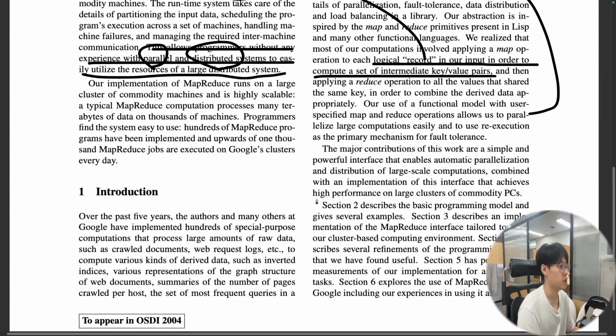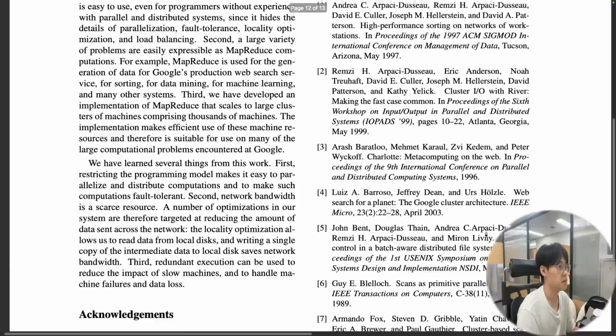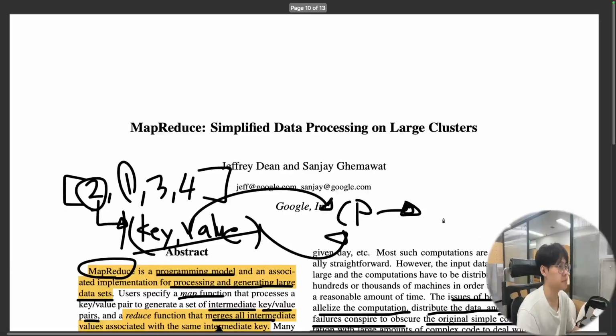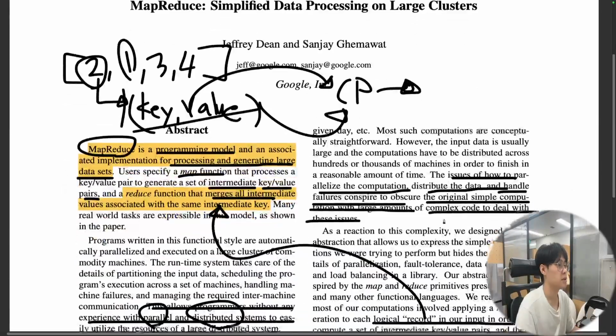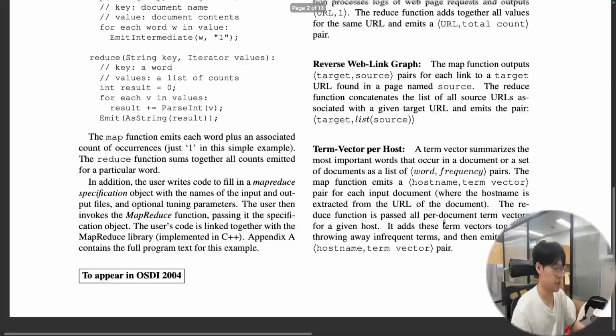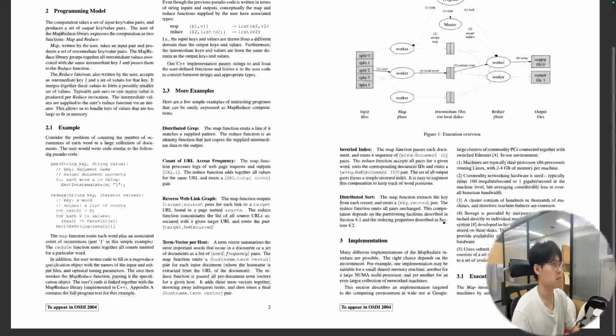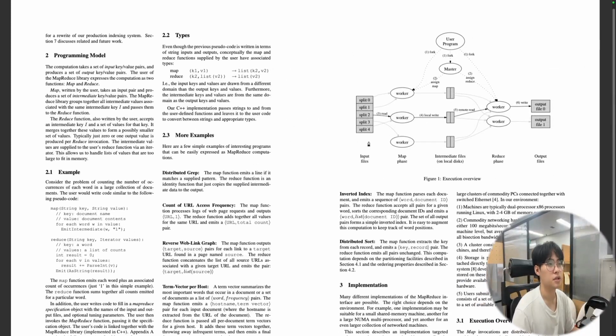That's also written here. So there's the explanation of MapReduce. In the introduction part, it clearly explains why we have to use the MapReduce function and what is important.